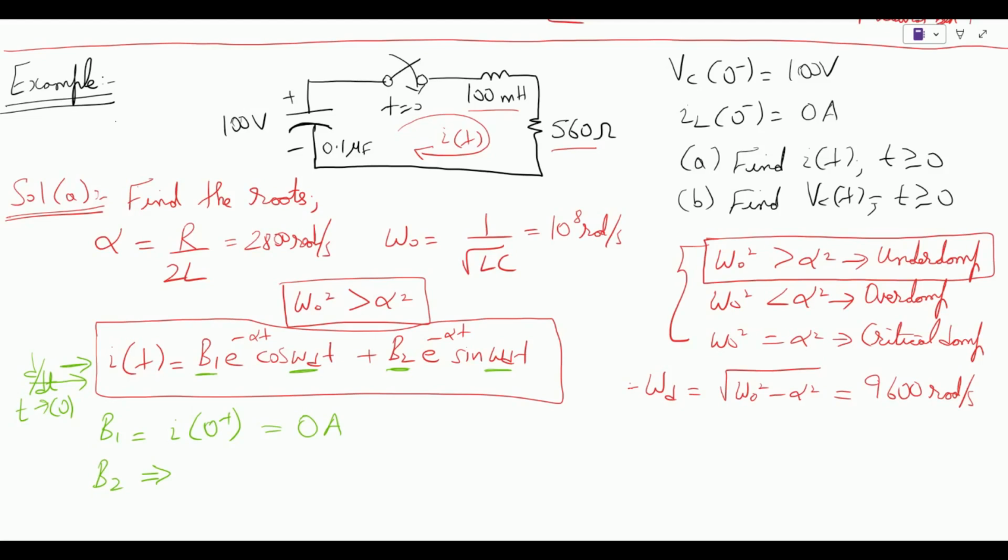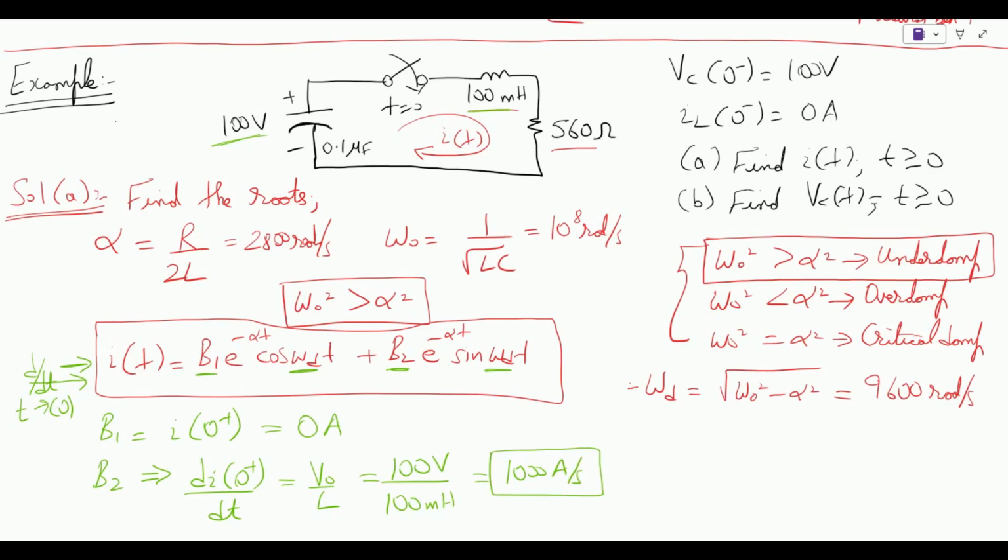So B2 comes from di(0+)/dt, and again this is taken from the current equation of the inductor. It is equal to V naught by L, and we know that the initial voltage is 100 divided by the inductance of 100 millihenry. So it comes out to be 1000 amperes per second.